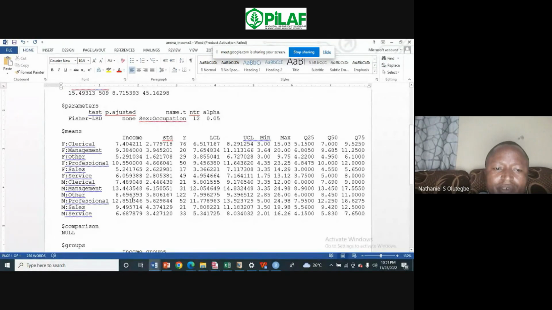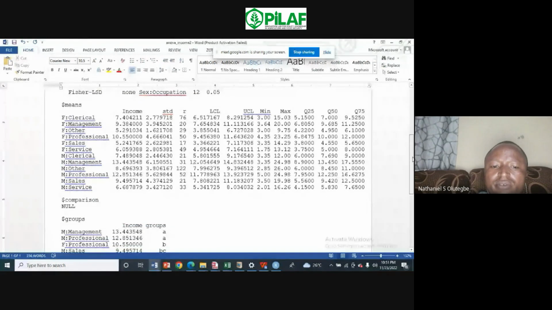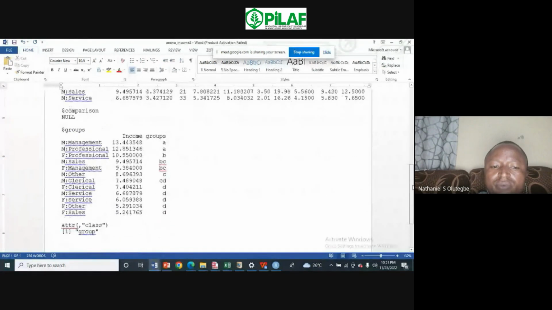If you look at this income distribution, you discover that male in management cadre have the highest level of income, followed by female professionals as well, followed by female management. I mean, male management followed by female management. And so you have that, but you still cannot say whether it is significant.